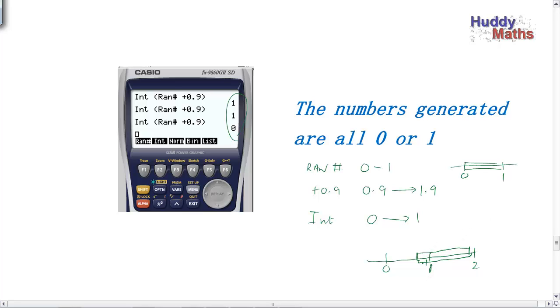Okay, so what's going to happen to this batch in here? Between 0.9 and 1 are going to be called zeros. Remember, int gives you an integer under the value, the next integer below the value. And this up here is going to give us ones. Hey, look at this. There's going to be more ones than zeros because of the difference in the gap.